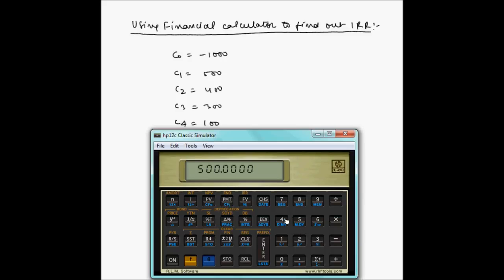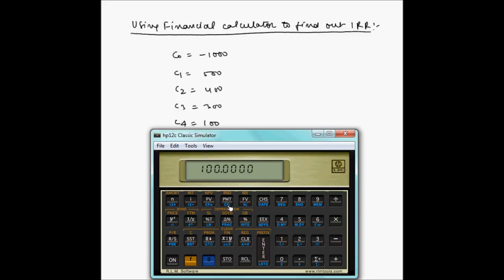Then 400 G and CFJ. Then 300 G and CFJ, then 100 G and then CFJ.